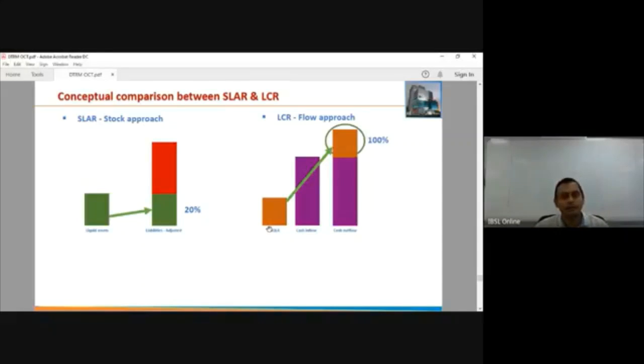So that's how this ratio is computed, right? So if this is your total liability, and you have this much of liquid assets, this much of liquid asset should be minimum 20% of your total liability, right? So that is the regulation.